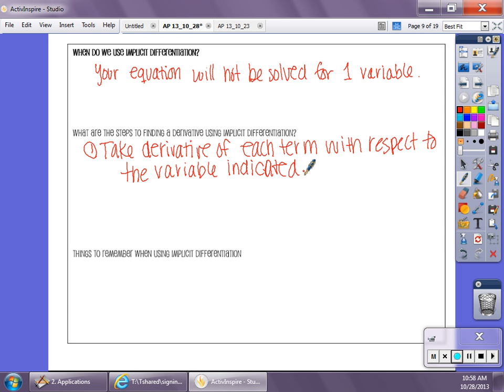Someone raise their hand and tell me, how do I know what the variable indicated is? Raise your hand if you know. Travis, what do you think? It's the one in the denominator. So you'll have d something over d something else, and we'll put that in our notes here. Just like Travis said, d something over d something. This is the with respect to variable. So you have to respect that denominator variable, okay?